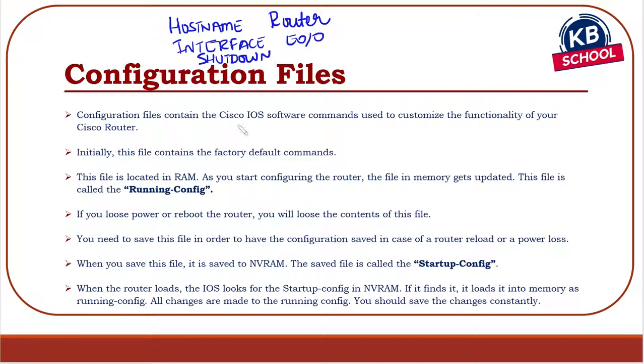So if it does not find a startup config file when the IOS loads up, it loads up this default or factory default config file. This you cannot modify. This is something that Cisco creates by default. So initially the file contains the factory default commands.